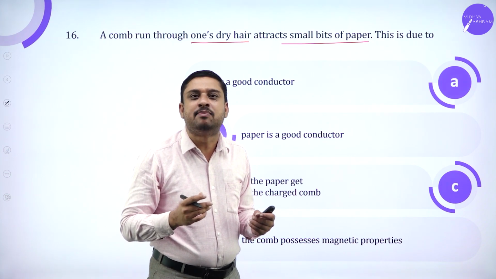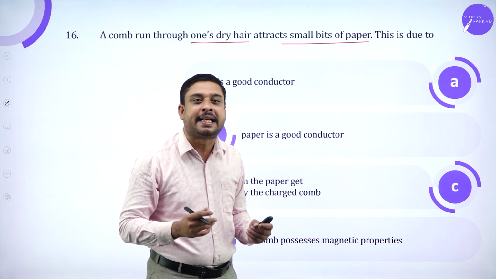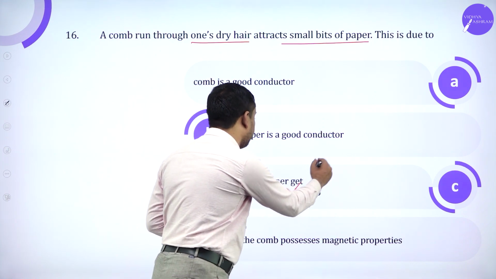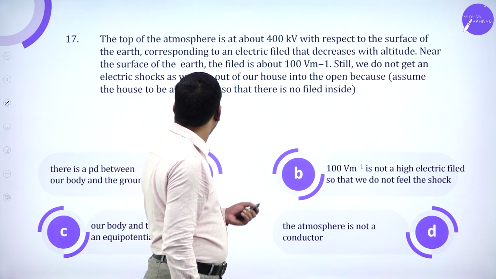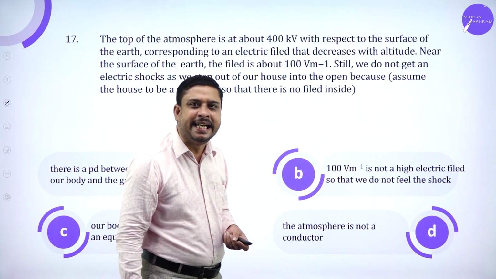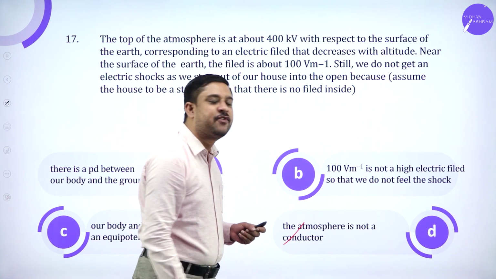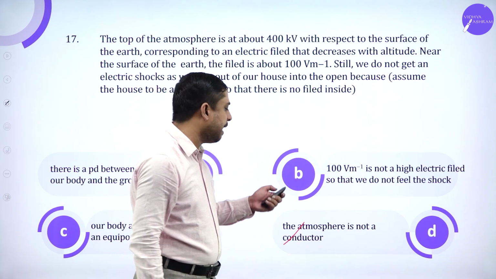They align themselves in one direction, so are easily attracted by the comb. The question is very tedious, but the answer for this is that atmosphere is not a conductor.